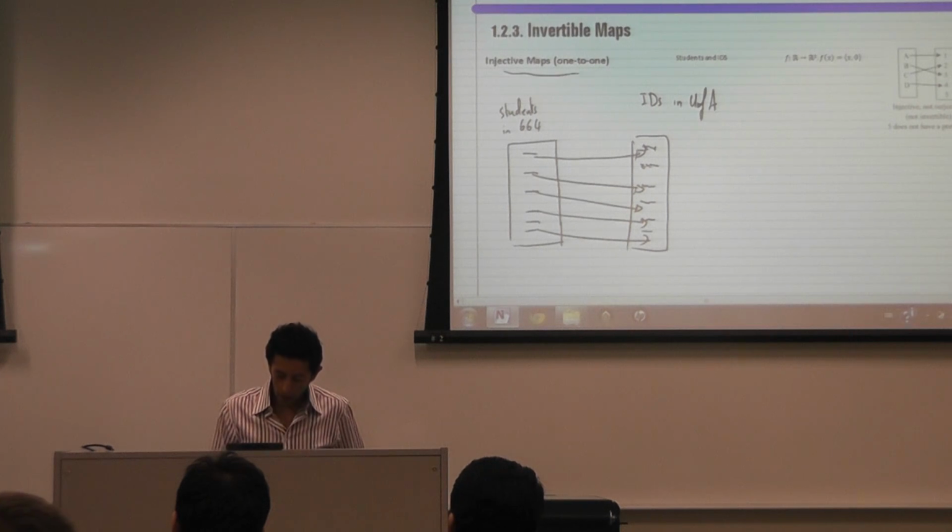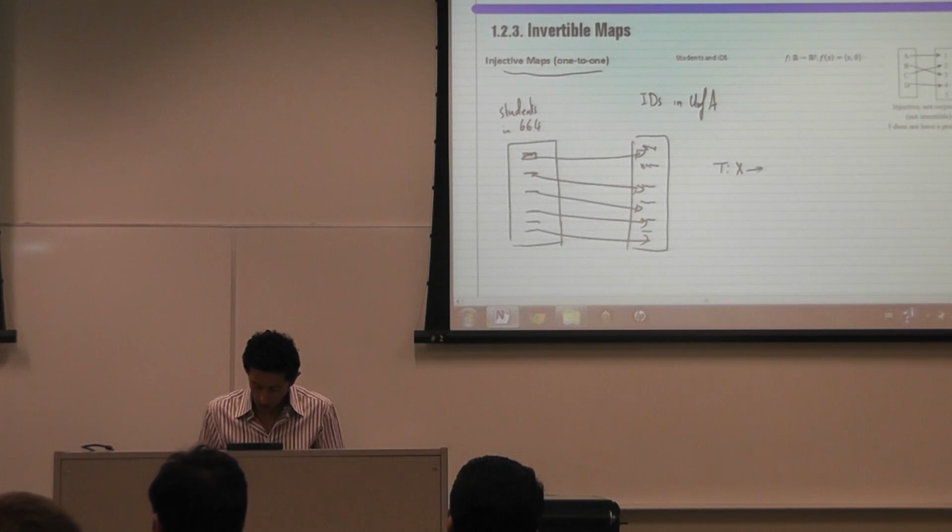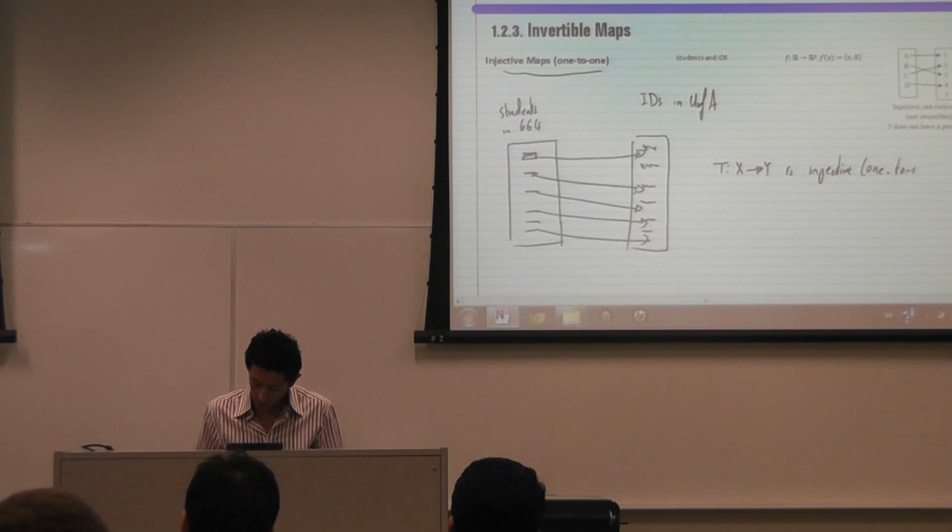So an injective map, or one-to-one, assigns to every element a unique element. So T from X to Y is injective, or one-to-one, if for every x in X, there is a unique element in Y such that T of x equals y.